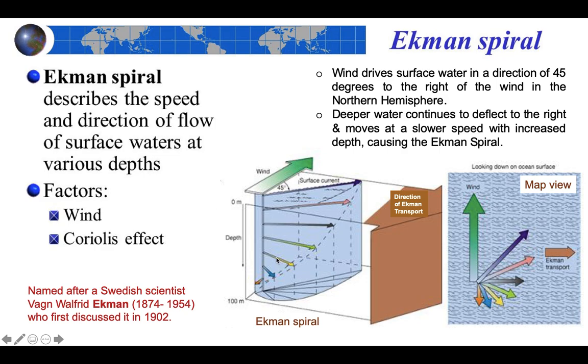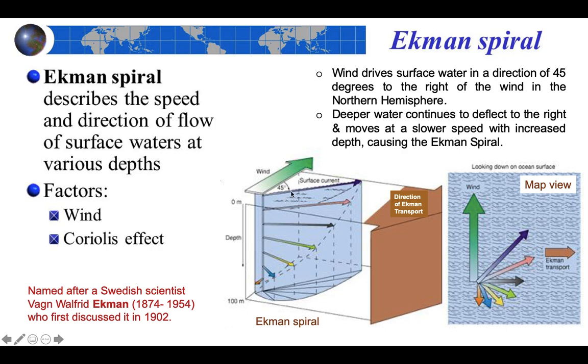The magnitude of these vectors is getting smaller as you go deeper and deeper. By the time you get down to 100 meters, the ocean current at 100-meter depth is going exactly in the opposite direction to the prevailing atmospheric wind at the surface.